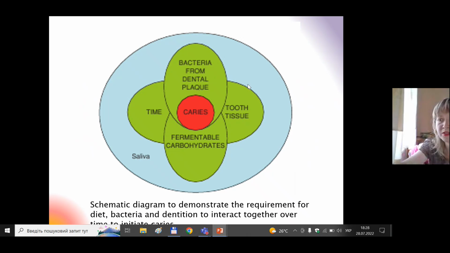Of course, there is tooth tissue, the susceptible host surface. It is the place where plaque stays for a long time, not being disturbed by a toothbrush, and that's why plaque accumulates there. These places are proximal surfaces, natural pits, fissures, cervical areas, and occlusal surfaces.